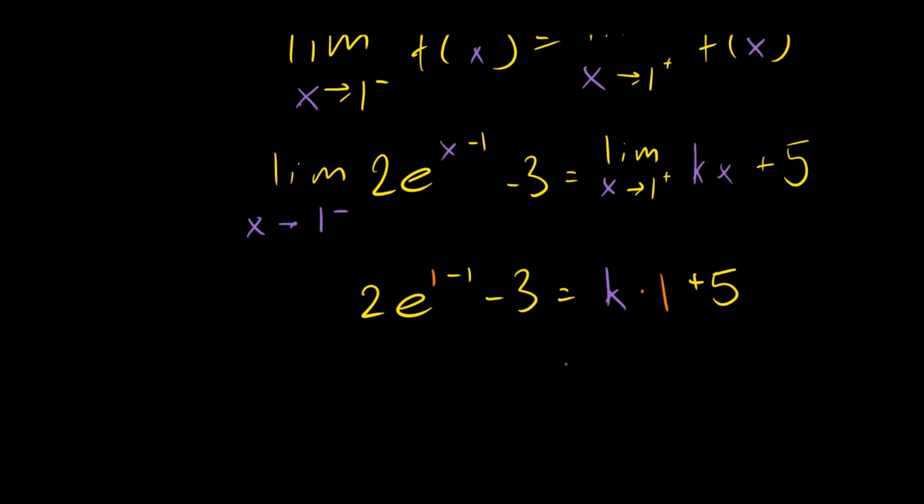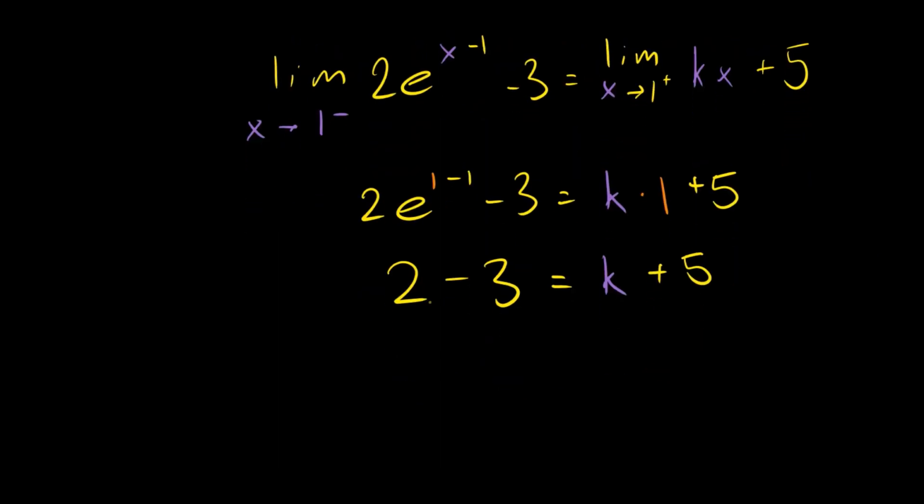So at this point, it just becomes algebra to solve for everything. So the 2e^(1-1), that's just 2e^0. So e^0 is 1. 2 times 1 is just a 2. So 2 - 3 is equal to k plus 5 over here.